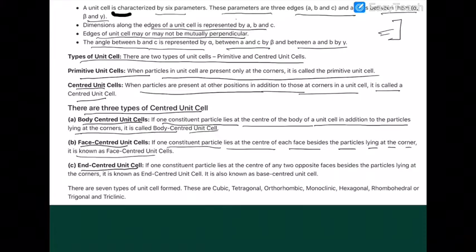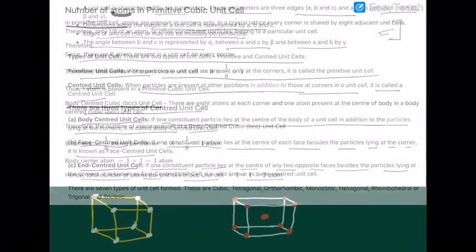In an end centered unit cell, one constituent particle lies at the center of two opposite faces, besides the particles at the corners. It is also known as base centered unit cell. Please go through the previous lecture so that you have a brief idea of all of these things.